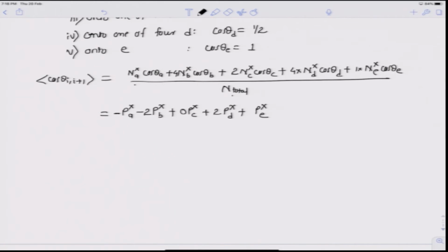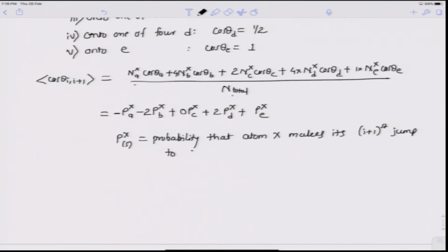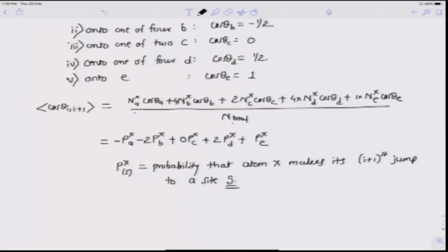So, now we need to find the probability P_xS. Let us denote this P_xA, P_xB, P_xC in general by P_xS. This is the probability that the tagged atom X makes its i plus first jump to a site S. Now, what is this probability P_xS?